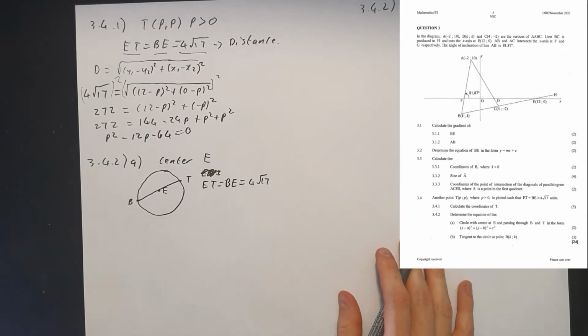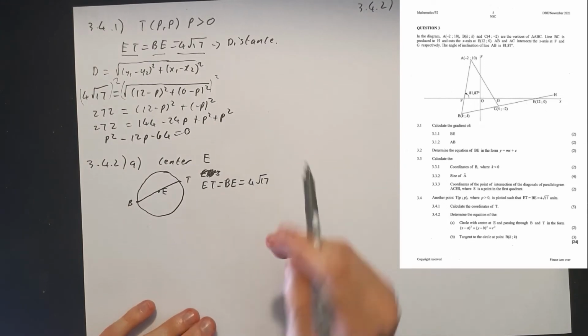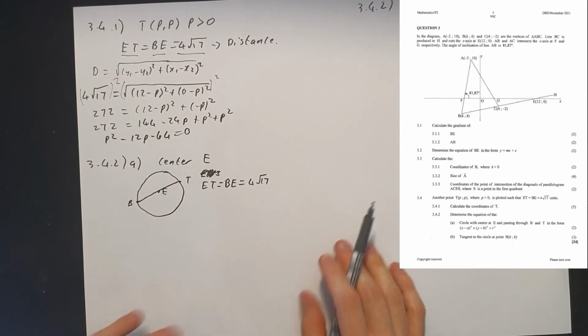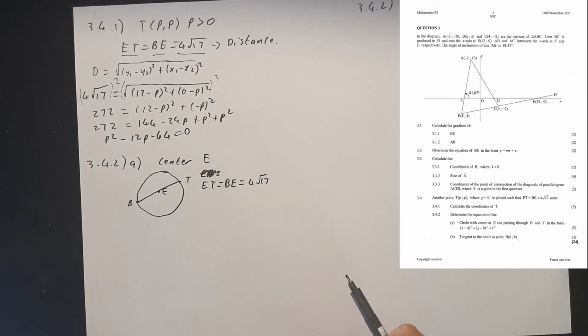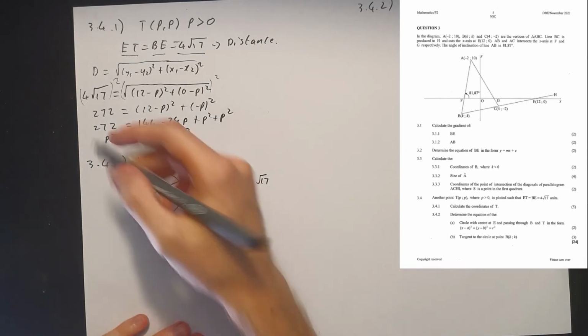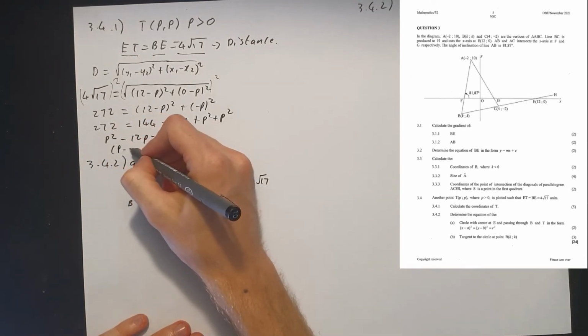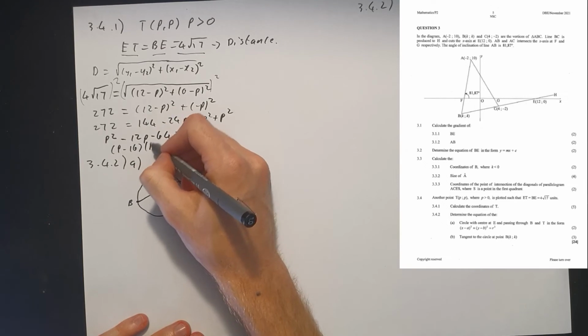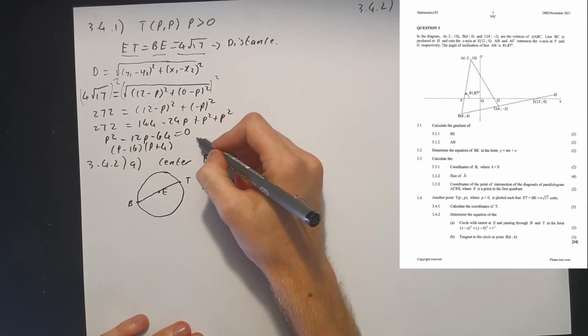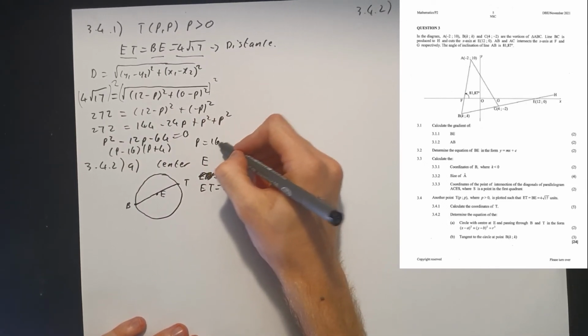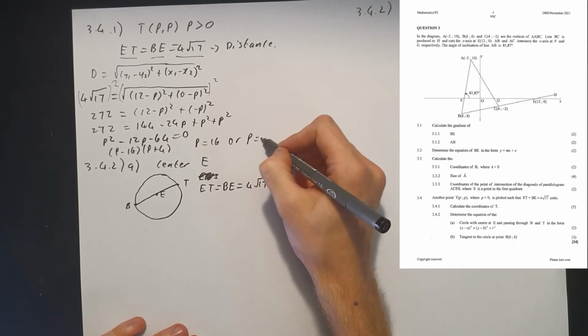Okay, now we have to factorize it. So 12 and 64, the factors of 64, we're going to use 16 times 4. So p minus 16, p plus 4, so therefore p equals 16 or p equals negative 4.